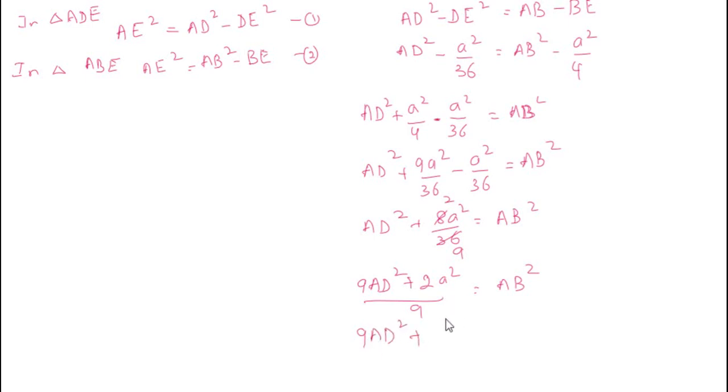I will take A as AB, so A square becomes AB square. 2AB square is equal to, cross multiplying this one, this becomes 9AB square. Taking 2AB square to the other side, this becomes 9AD square is equal to 7AB square.